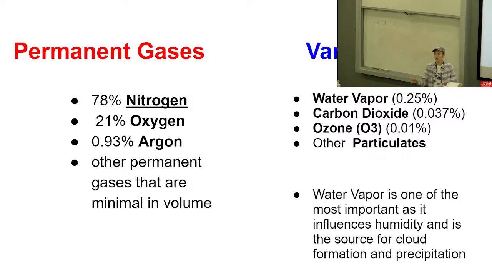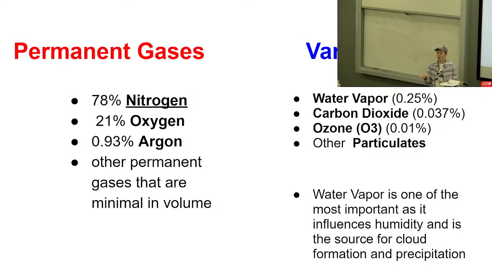So then we have our variable gases. This is our water vapor, which is really important. We'll talk about that in just a moment. Our carbon dioxide and our ozone, O3, and other particulates, which are small parts of the atmosphere that come from liquids and solids. Some are made up of human or non-human things. But water vapor, which is really important, hopefully we'll be getting more of that lately.